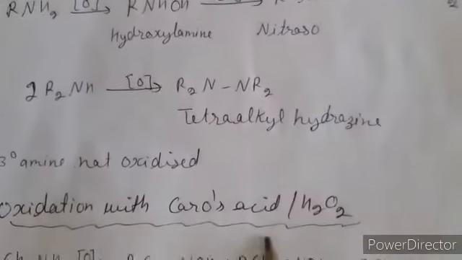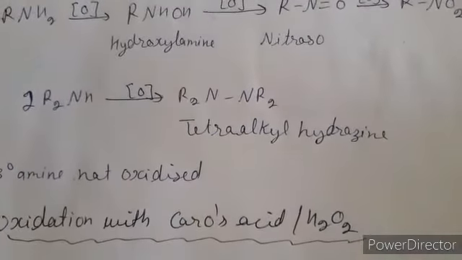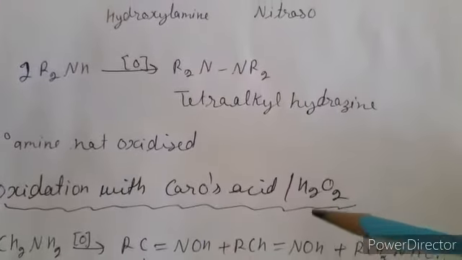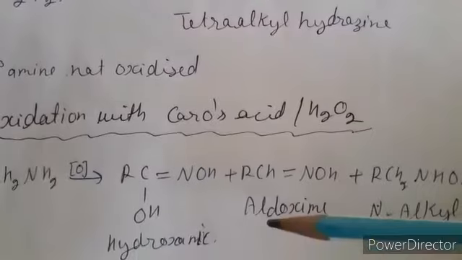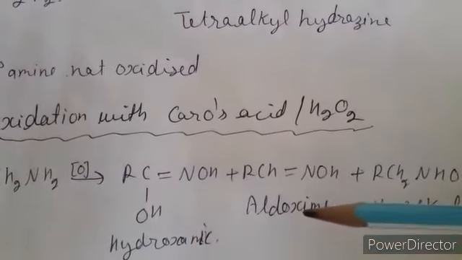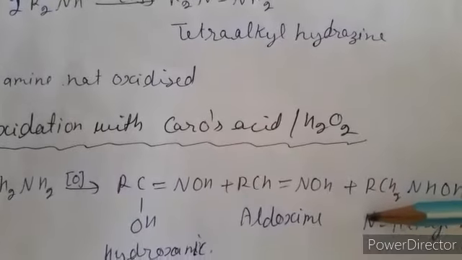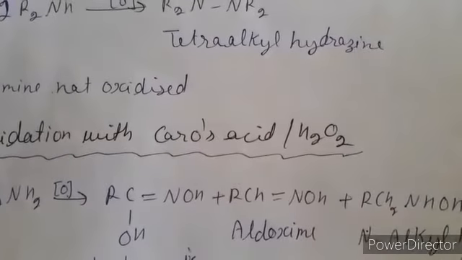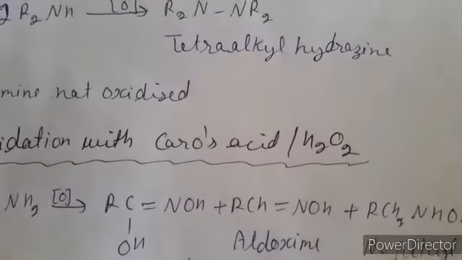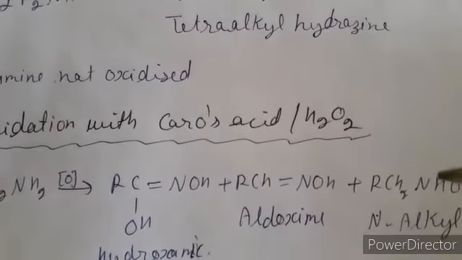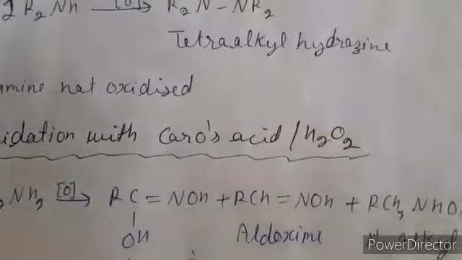Next, oxidation with Caro's acid or hydrogen peroxide. When a primary amine is oxidized with Caro's acid, it forms a mixture of products: hydroxamic acid, aldoxime and N-alkyl hydroxylamine. A primary amine can also be oxidized to form a ketoxime.